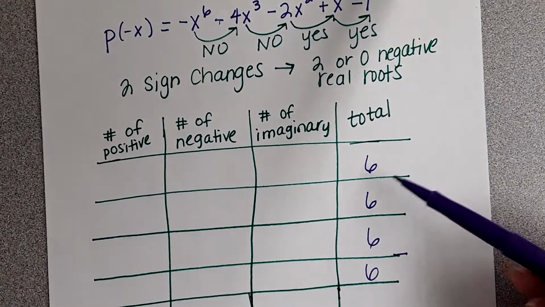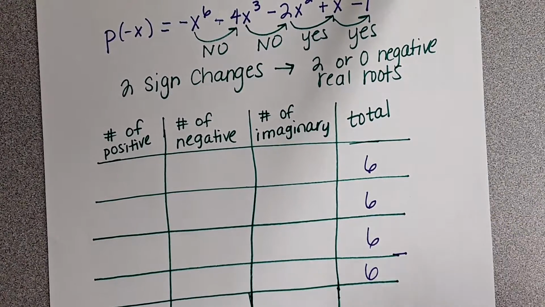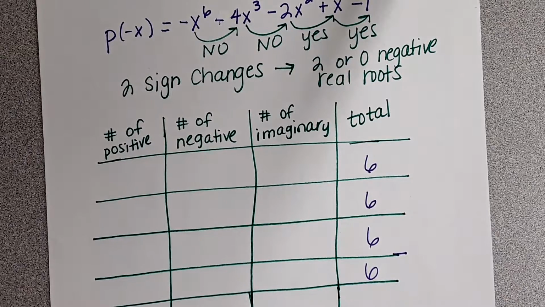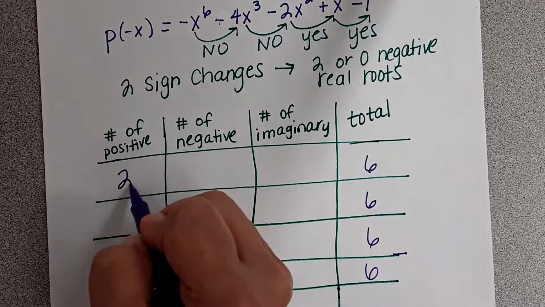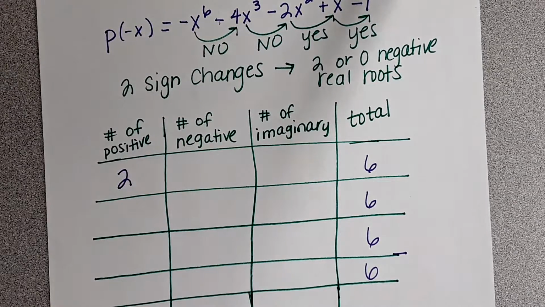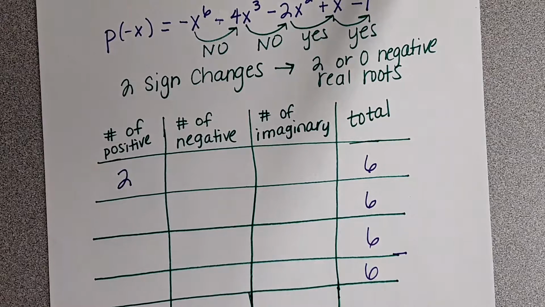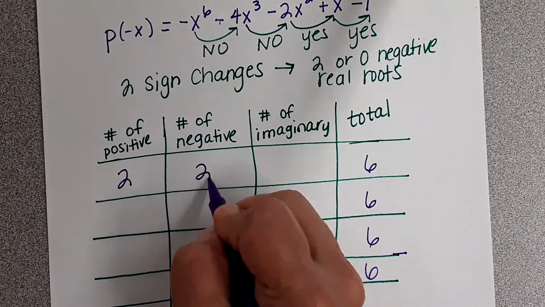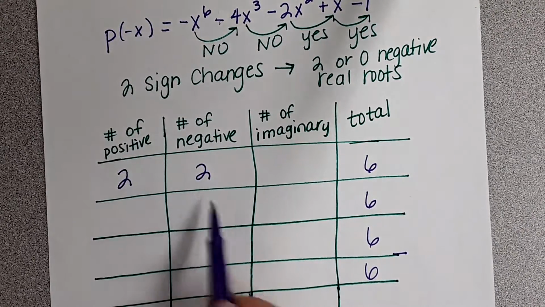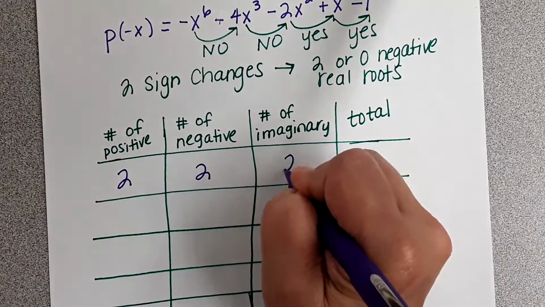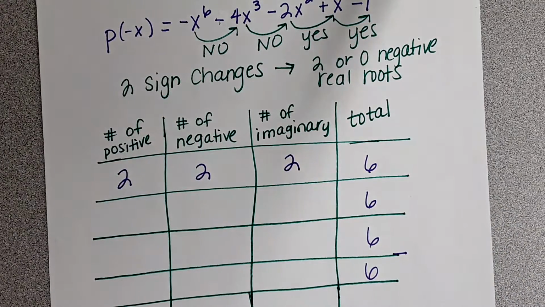The degree is 6, that means I'm going to have a total of 6 roots. So I have 2 sign changes for positive. The maximum number of positive roots I could have is 2. The maximum number of negative roots I could have is 2. That only gives me 4 roots, so I could have a total of 2 imaginary roots.